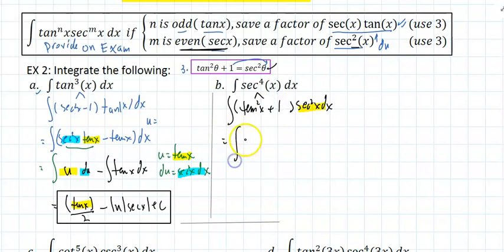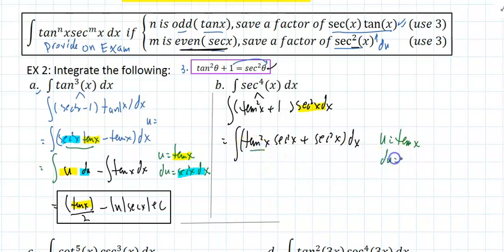So this is the integral of secant squared of x, or actually, let me put it in order. Okay, I'm out of sync today, I apologize. Tan squared of x, secant squared of x, plus secant squared of x dx. And here, it's fairly simple to see. If I let u equal the tangent of x, that's for the first piece, then du is secant squared of x dx.